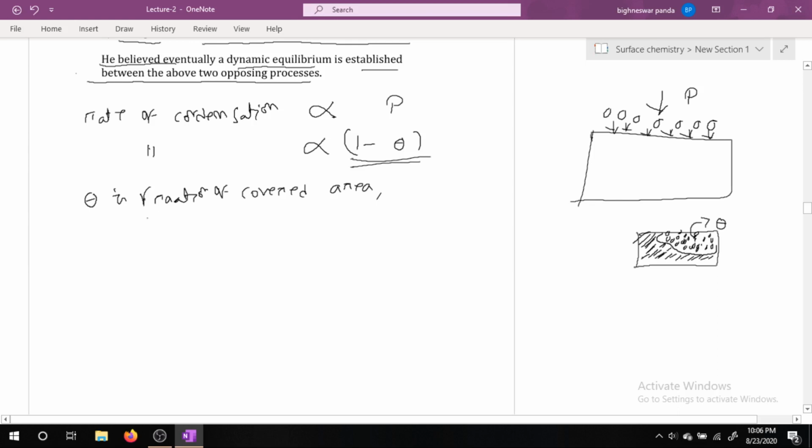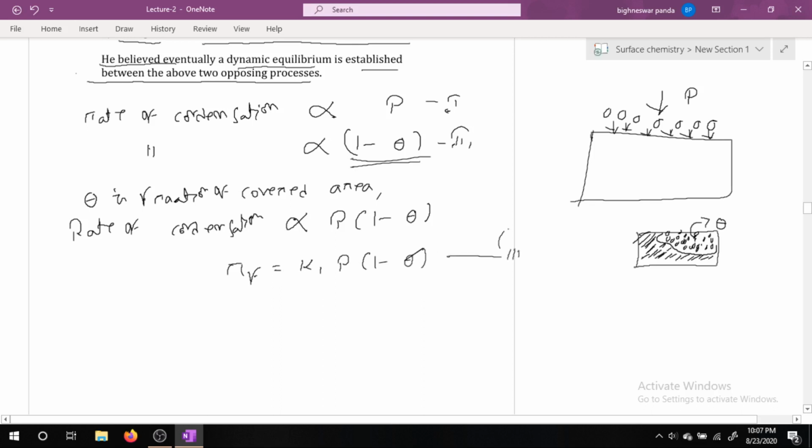So I can combinedly write equation 2: rate of condensation is directly proportional to P into 1 minus theta, or rate of condensation RF is equal to K1 into P into 1 minus theta.